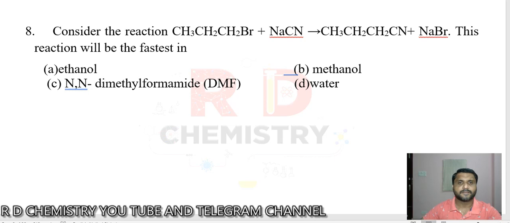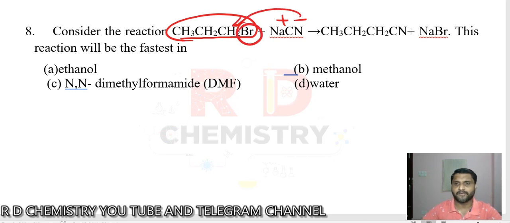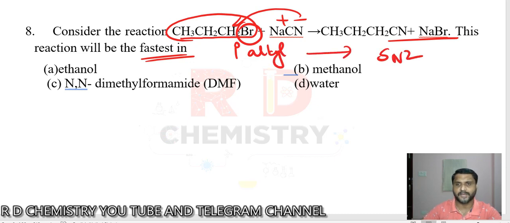Question number 8. Consider CH3CH2CH2Br, propyl bromide, reacting with sodium cyanide. Cyanide will be attacking the carbon bearing Br and Br goes off. Okay, nucleophilic substitution reaction. This reaction will be fastest in... Now see here, this is a primary alkyl halide. Primary alkyl halide undergoes nucleophilic substitution by the SN2 mechanism.